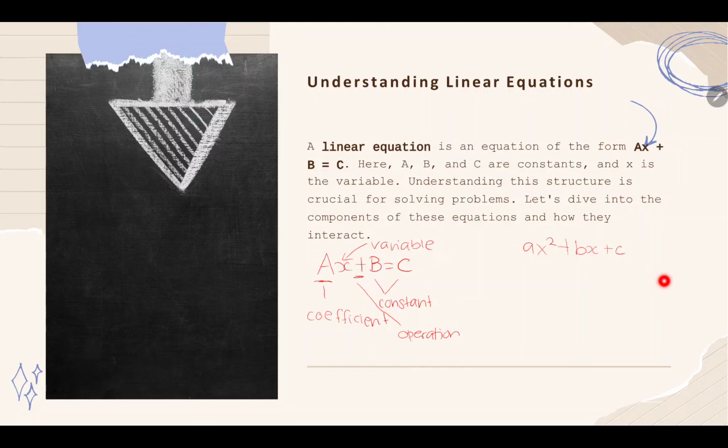The variable is this x, and a and b are the coefficients. And the c is the constant. Remember, the constant is the one that doesn't really change much. It's the one that stays the same most of the time.